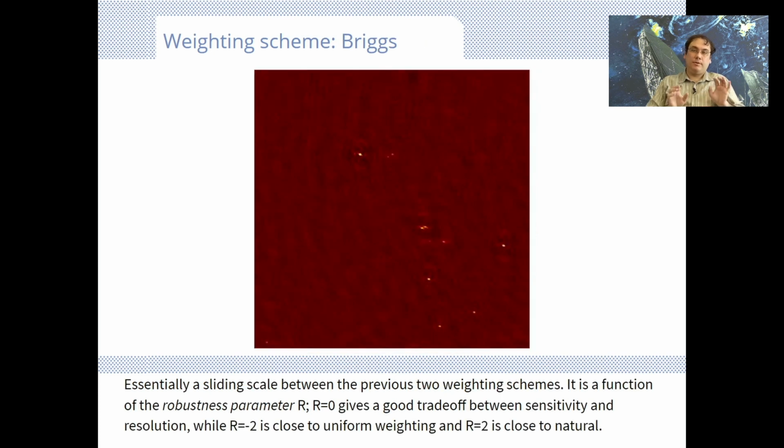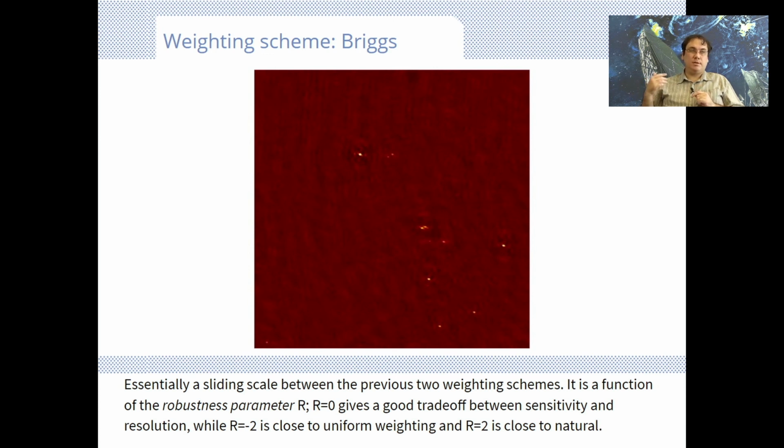Now, there is a compromise here. We call this Briggs weighting, named after the late Daniel Briggs. It provides us with a way to parameterize this weighting with a single parameter. It's just a sliding scale between uniform and natural weighting, where in most imagers, uniform weighting is around -2 and natural weighting is around +2.